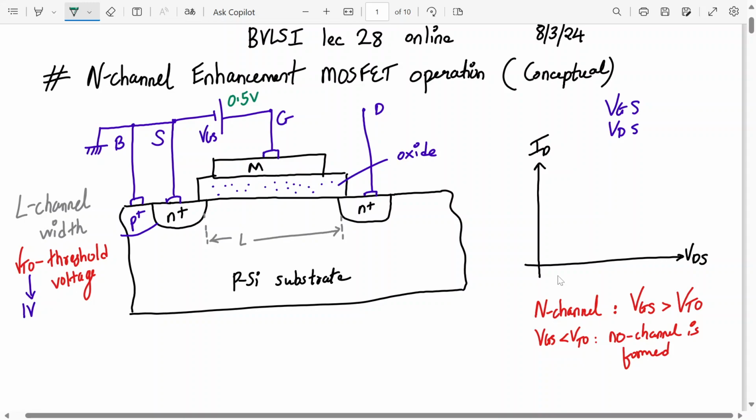Now even if we apply a value of VDS, we have connected VDS like this, even if I apply some voltage over here, let's say VDS is 1 volt or 0.5 volt, will this device conduct, and where will be the characteristics? Will there be any current in the circuit? Yes or no? Tell me. Can any current flow?